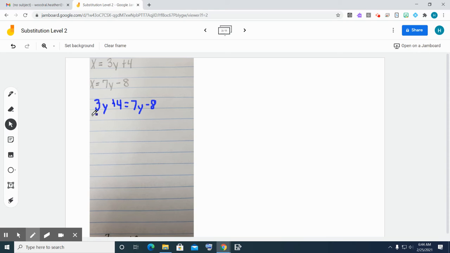So 3 is positive. The inverse of that would be to make it negative or to subtract it. So minus 3y. Those cancel, so over on this side, I'm left with 4 equals 7 minus 3, so that's 4y minus 8.